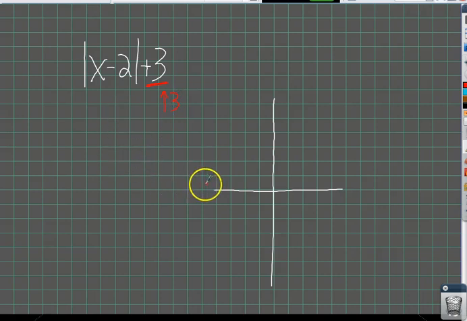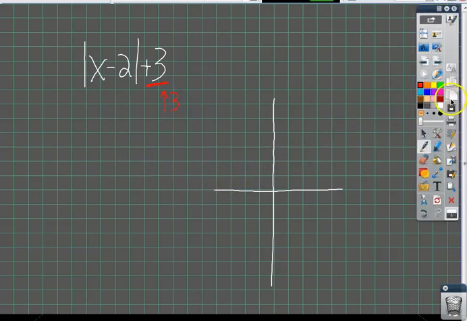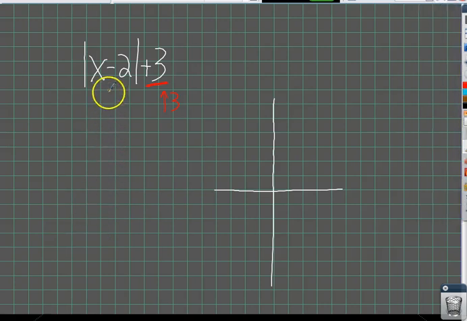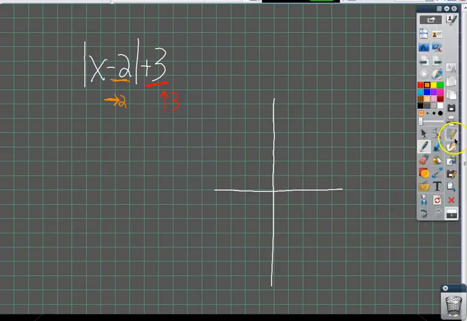Now, this inside value there of negative 2. Remember, what is it? Opposite on the inside, which means actually for this, I'm going to go to the right 2 units. So, my old vertex used to be 0, 0. That's what I had as a vertex. Okay.